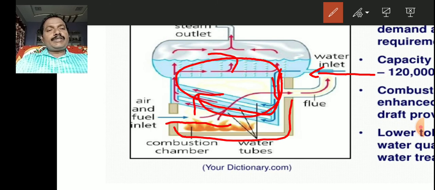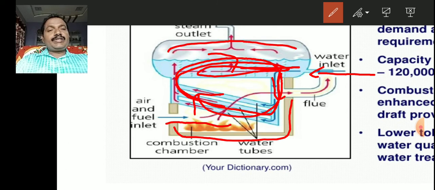So this is the circulation. So what happens is the water available in the pipes is boiled, and that boiled water is available in the drum, and which will produce the steam here on the top of the surface. This is the steam. So this is the steam produced.